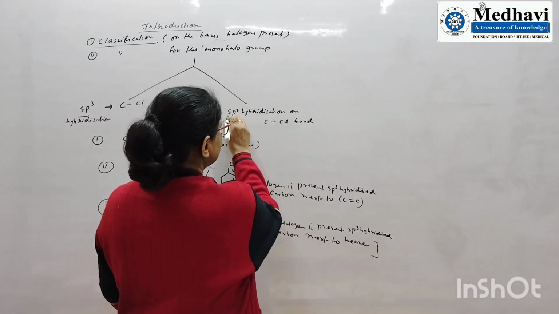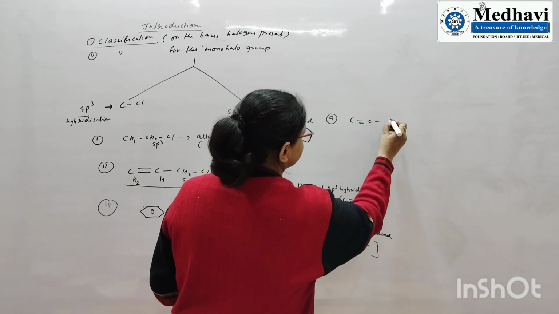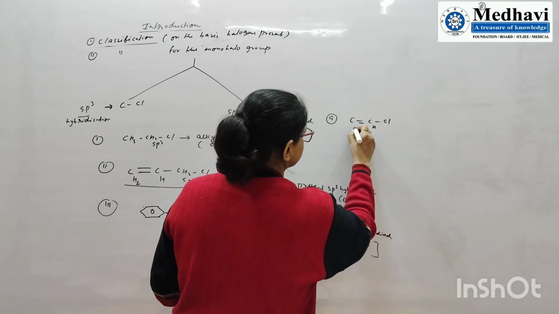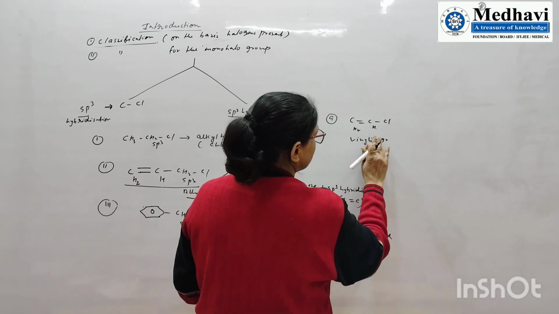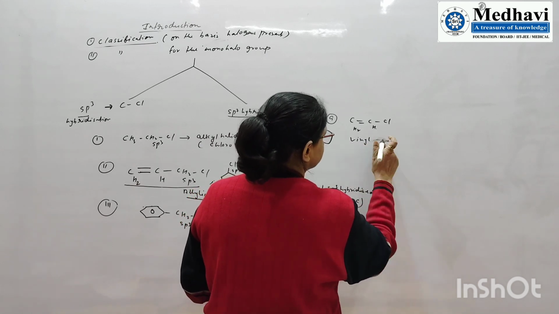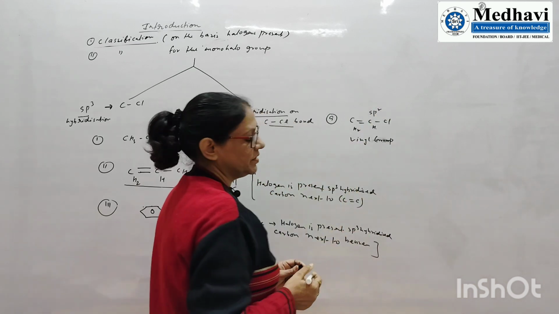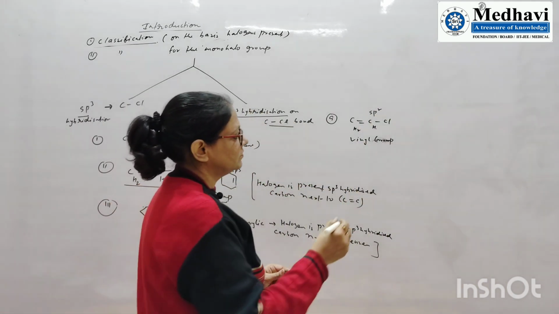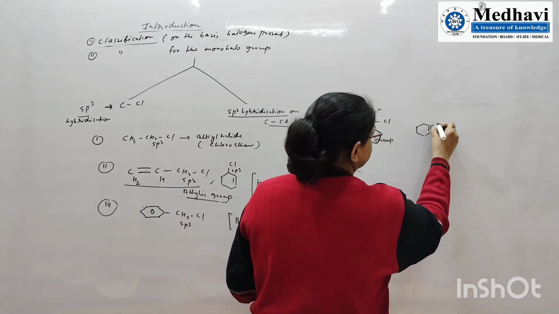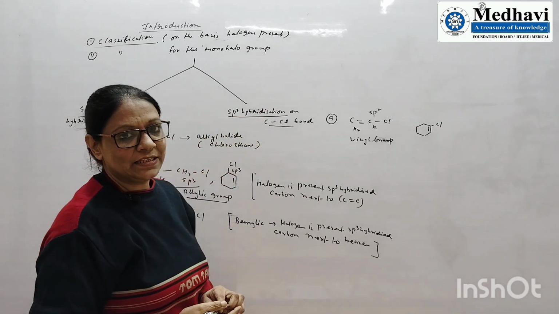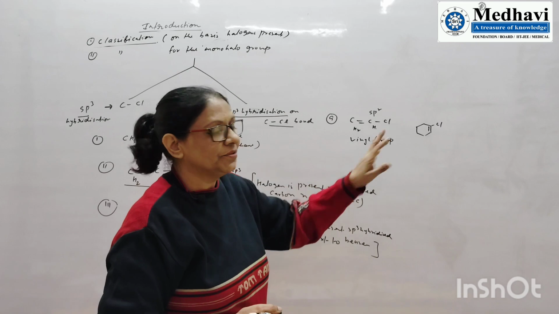The second part is the sp2 hybridized carbon. The first is this, called the vinyl group, or vinylic group. Very, very important. See, this is sp2 hybridized. You can say that if a halogen group is attached to an sp2 hybridized carbon, that is called a vinyl group.